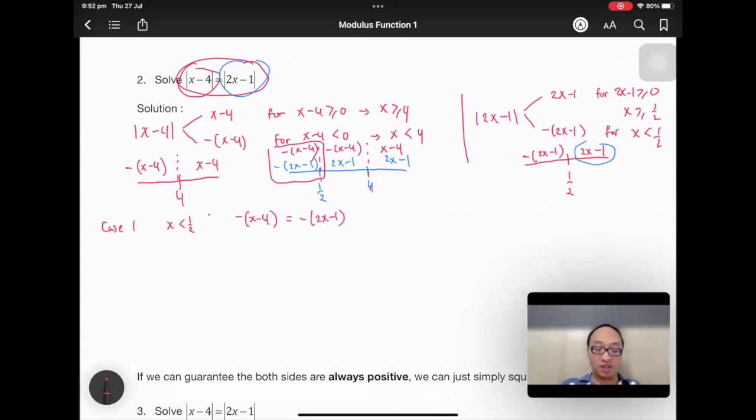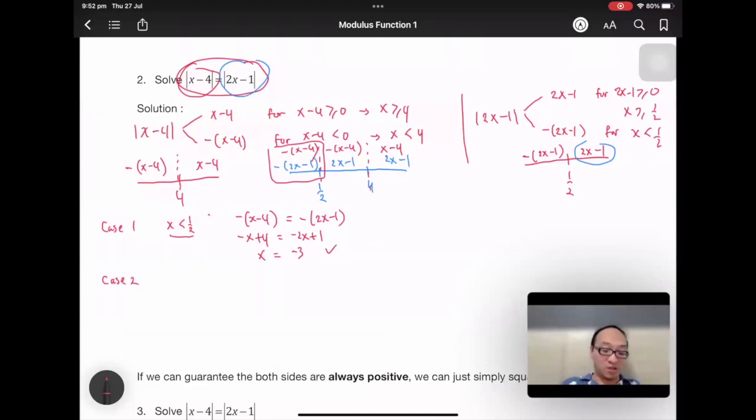And then we solve this. Minus x plus 4 equals minus 2x plus 1. So that means x equals minus 3. And then we have to check the answer. Is negative 3 smaller than half? Yes. So we take this.